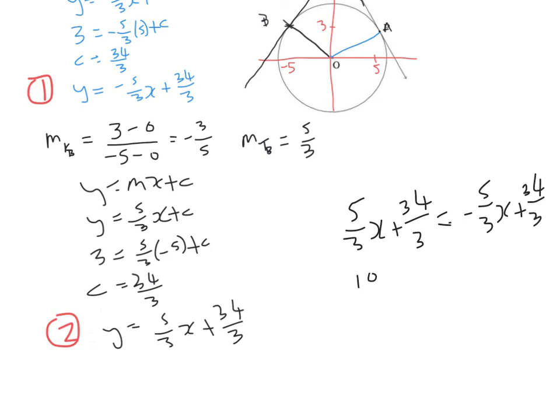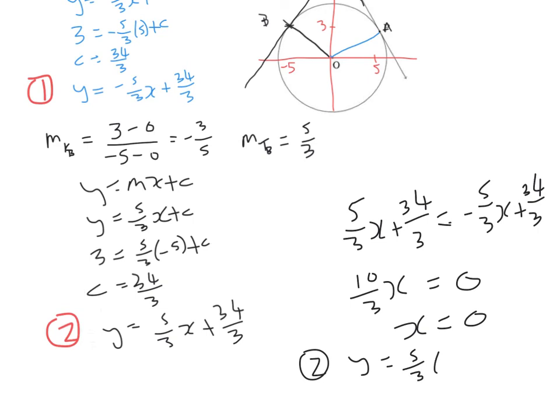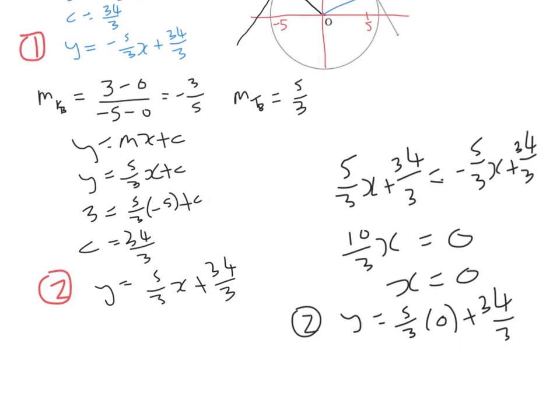You end up with 10/3 x equals 0, or in other words, x equals 0, which is no surprise. Go back into the second equation to get the y value. Y equals 5/3 of the x value, which is 0, plus 34 over 3, which again is no surprise. We get that y is equal to 34 over 3.